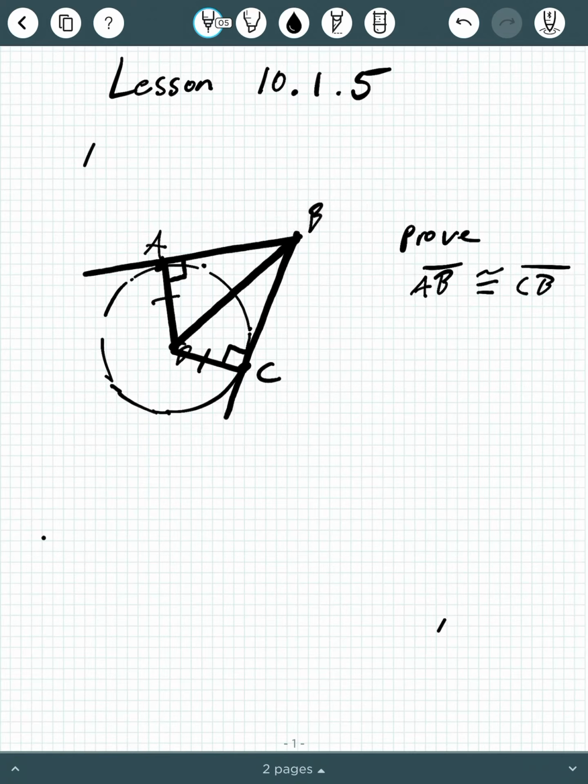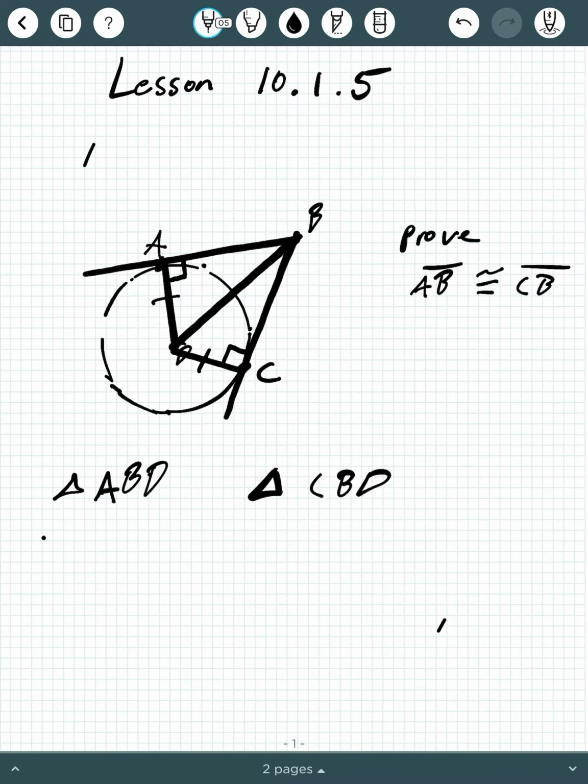And by doing that, what I've done is I've set myself up to have two triangles. Triangle ABD and triangle CBD. And those triangles have to be congruent because we have the reflexive property from side DB in each.